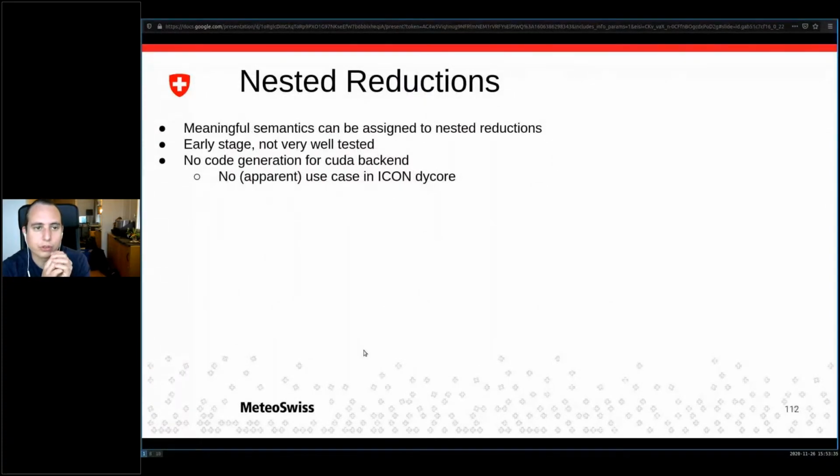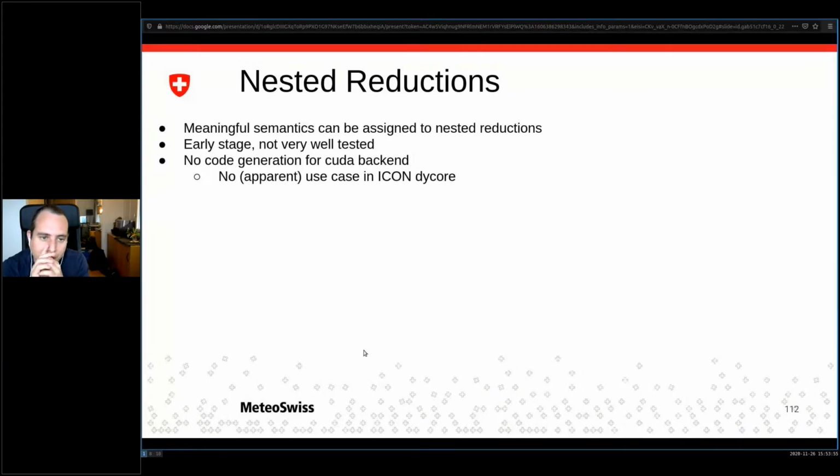Okay, so this concludes our chapter for typing. Our next, a little bit smaller chapter would be about nesting reductions. So this is in an early stage. It's not very well tested. But we understand that meaningful semantics can be assigned to nested reductions.